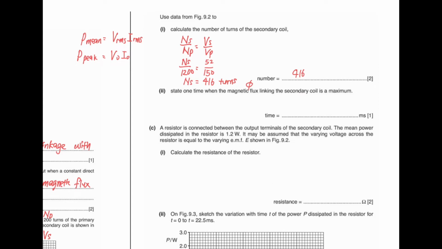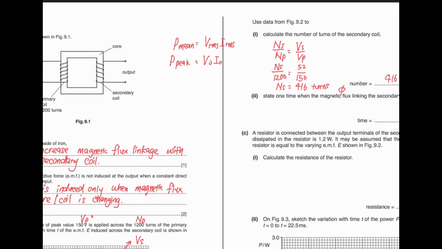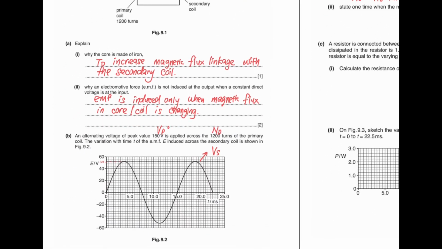Okay, so when will phi be maximum? Let's look at the graph here. This is not the graph of phi, this is the graph of Vs. Then how is the graph of phi? Let's think about it, based on what we learned just now.